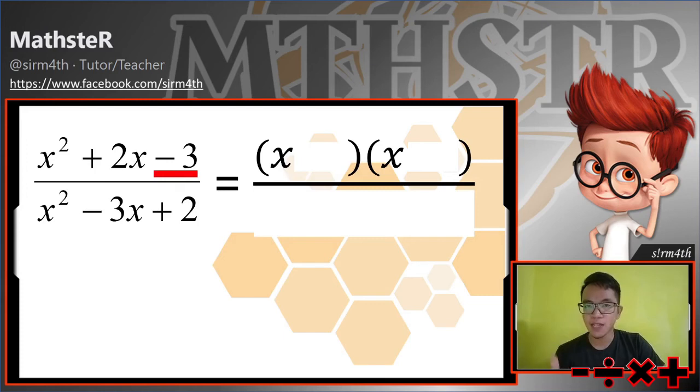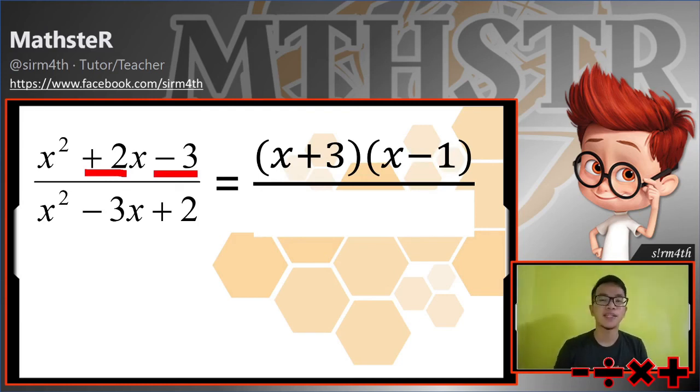If we get the factors of negative 3, dapat ang maging sagot natin pag pinag-plus natin sila ay positive 2. So, ano kaya yung possible factor ng negative 3 na pag pinag-plus natin, positive 2 yung sagot? So, subukan natin. Merong isang positive 3 at yung isa naman ay negative 1.